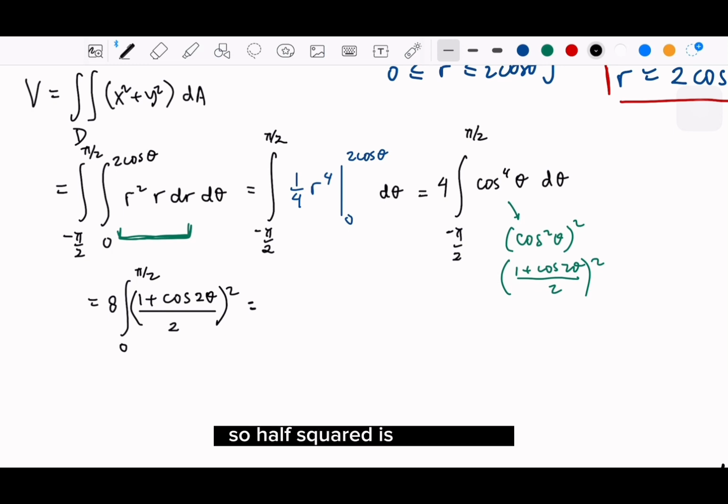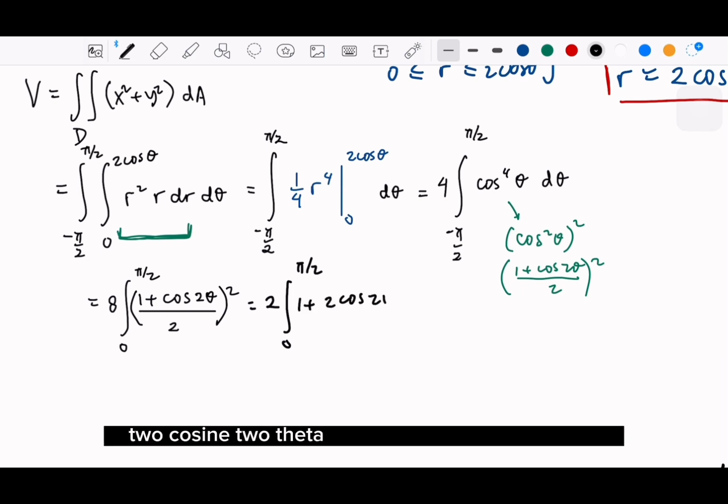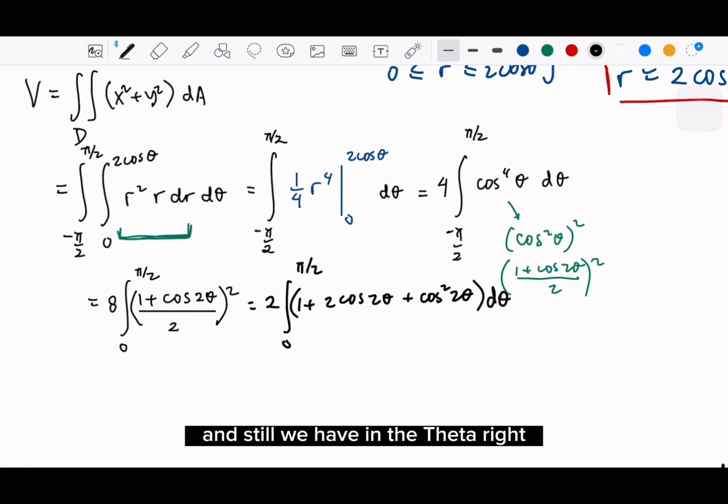So half squared is 1 over 4, and 8 multiplied by 1 over 4 is 2. So that is outside. The inside will be 1 plus 2 cosine 2 theta plus cosine squared 2 theta, and still we have d theta, right?